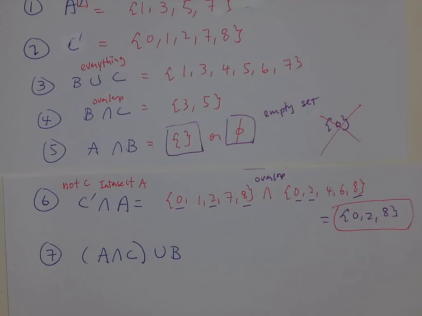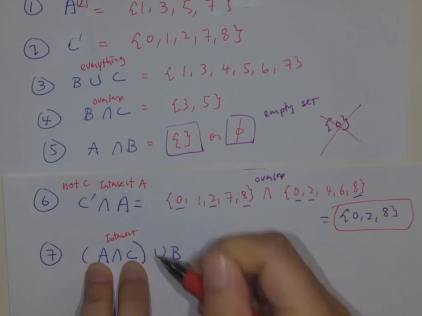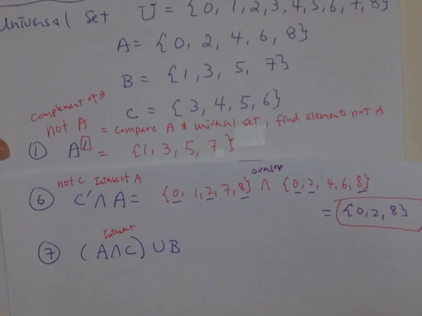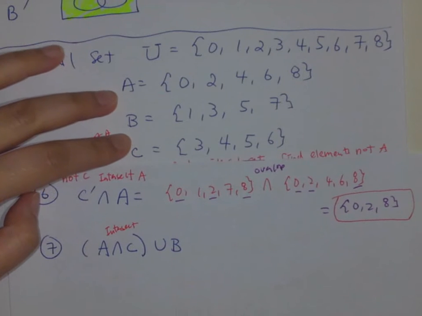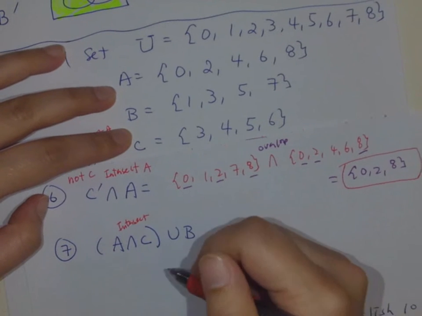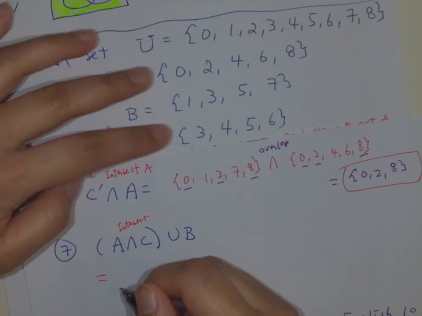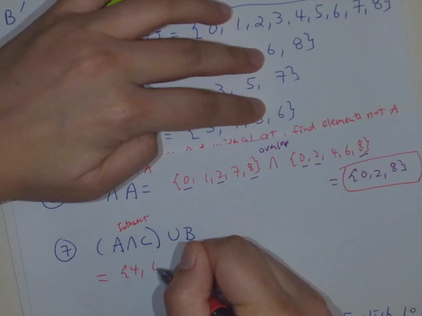Okay, how about number 7? Number 7, I need to do A intersect C first, right? So I'm going to pull down my question just a little bit. A intersect C. So these two, what do they have in common? I have 4 and 6. Is that all?